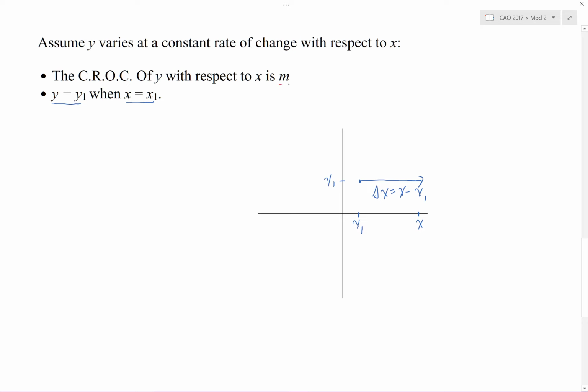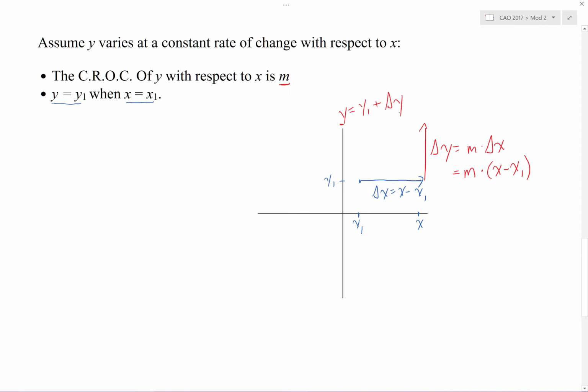And given the constant rate of change of m, we know that the change in y is m times as large as this change in x. So the change in y is m times delta x, and delta x is equal to x minus x1. Now the new value of y, which is about right here, is equal to the initial value of y, y1, plus the change in y.